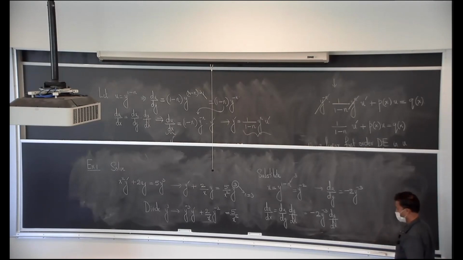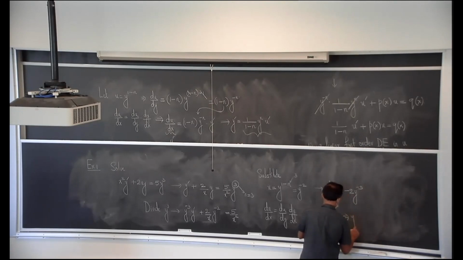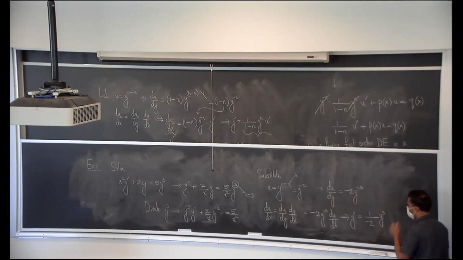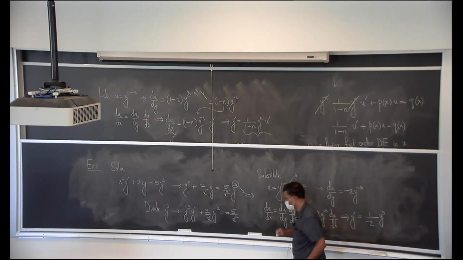And solve for dy dx by dividing both sides by this term. So dy dx, or y prime, is 1 over negative 2 y to the power of negative 3, because I'm taking it to the left hand side, times du dx, which is u prime.